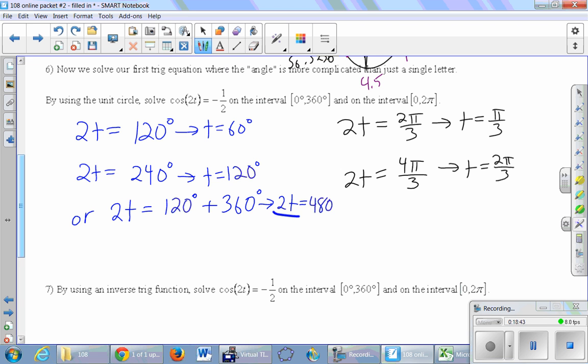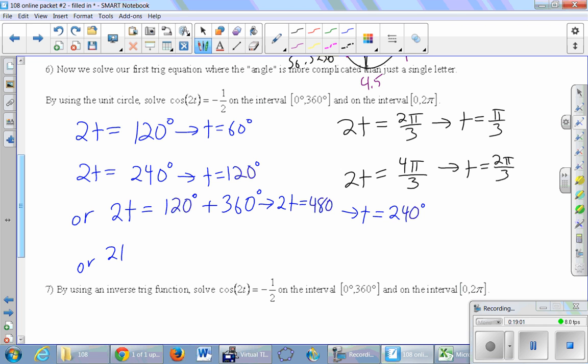But the last step here is to divide everything by 2. And if I divide everything by 2, then all of a sudden this 480 gets shrunk down and it comes into the range, or the domain, I should say. And we get 240, and that's another perfectly good answer. And then the same thing down here. Starting with the 240, we could have said, well, what if we just decide to add 360 to this guy?